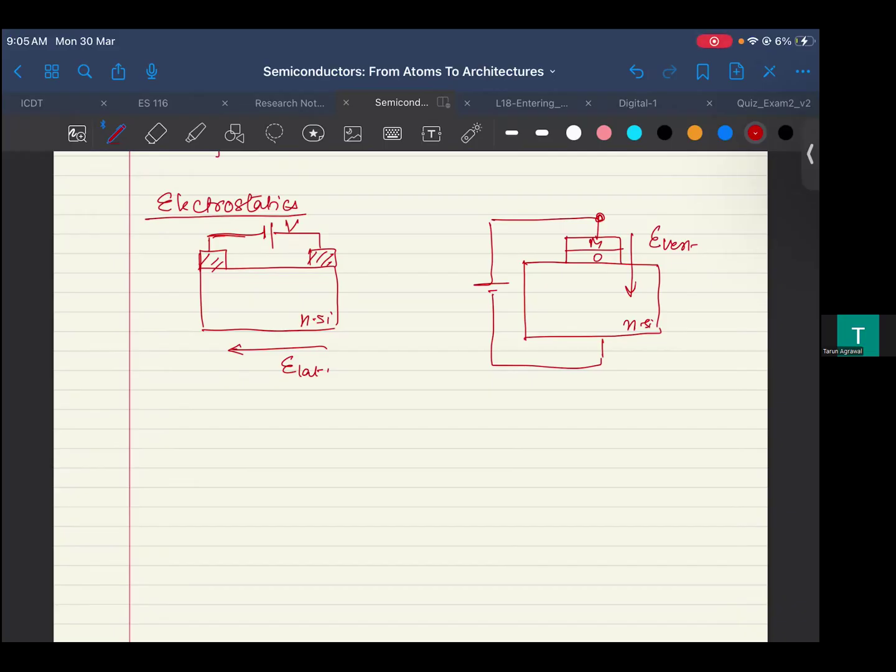Whenever there is a field-charge interaction, we know that we are in the realm of electrostatics, which defines: this is the charge, this will also radiate a field, and how would that influence the field within the semiconductor? In the end, the field is one of the key quantities defining how charges move, so it is very important that I look at the field, because that directly results in charge or charge movement.